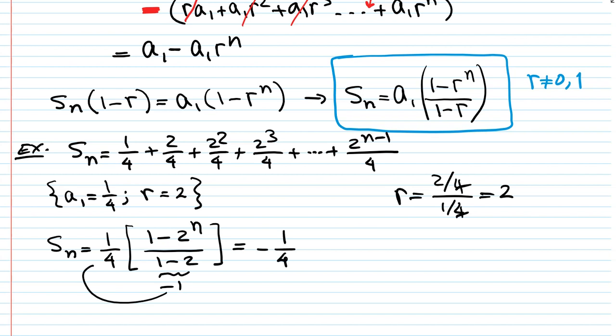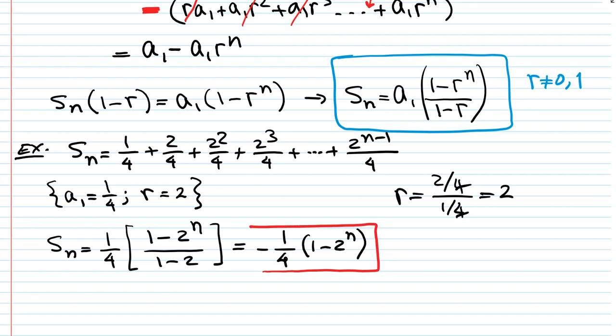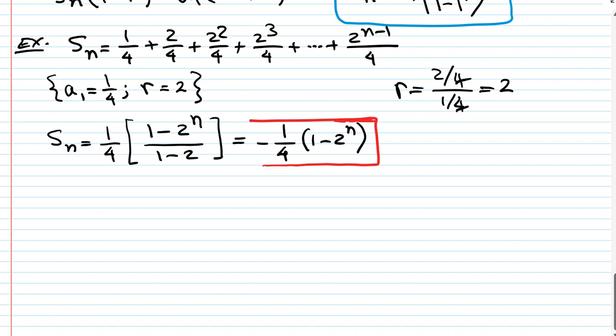That will make it -1/4, and 1 minus 2 to the n in the numerator multiplies by that. And there you go. That is what the nth partial sum is. So I can say, well, what if I add the first 500 terms of this series? I can get the answer using this formula. All right, and there we have that one.